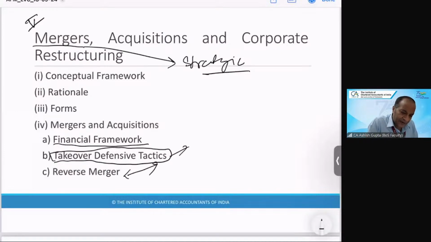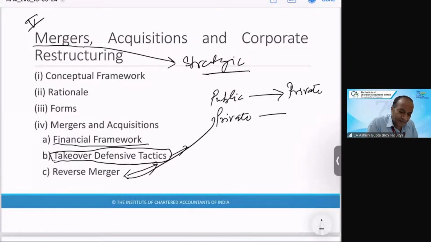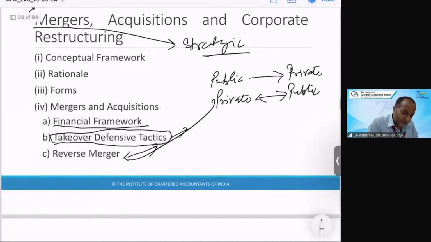Generally in a merger, a public limited company takes over a private limited company. But in a reverse merger it is the reverse: a private limited company takes over a public limited company. That is also covered here.